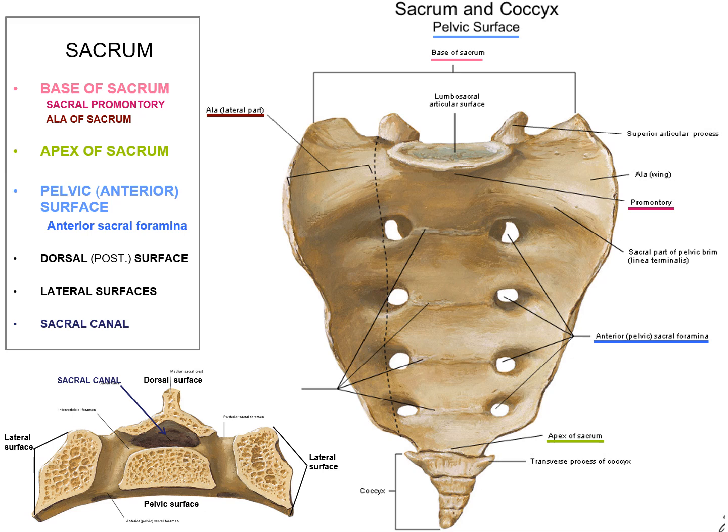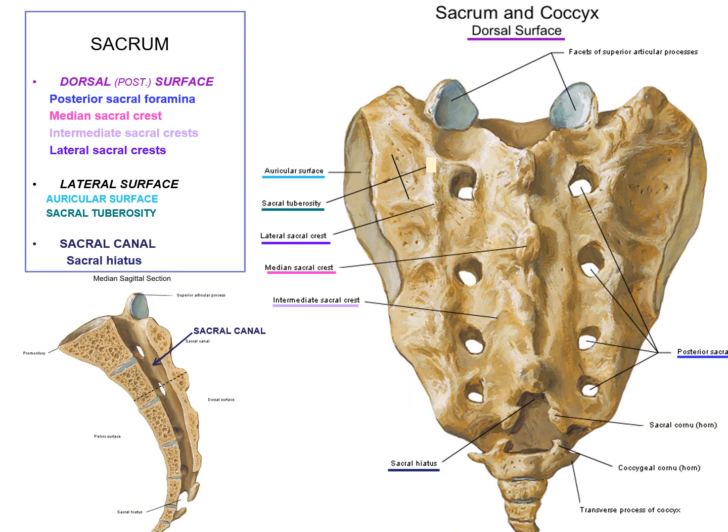There are 4 pairs of anterior sacral foramina and 4 transverse lines between them on the pelvic surface of the sacrum. The posterior surface of the sacrum, named also the dorsal surface, is convex.